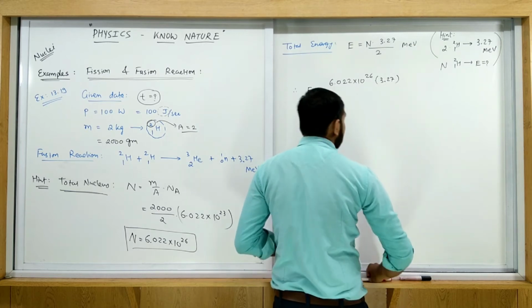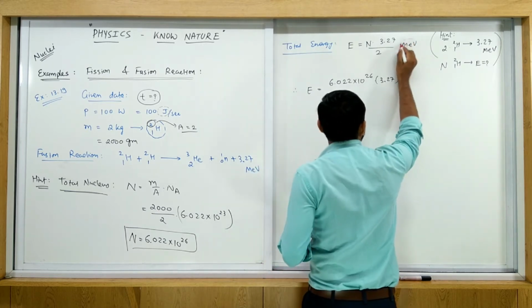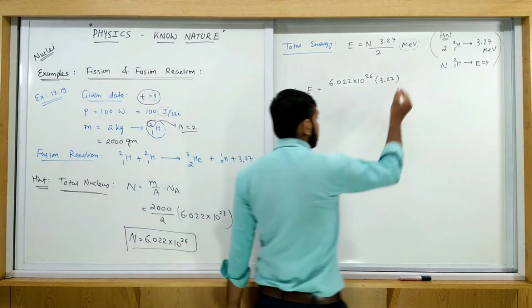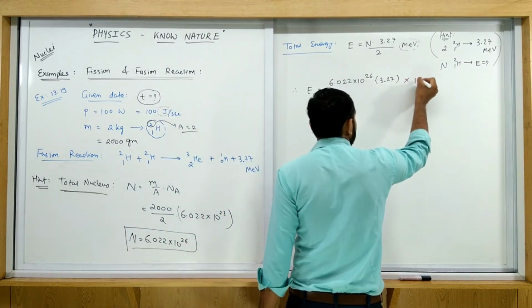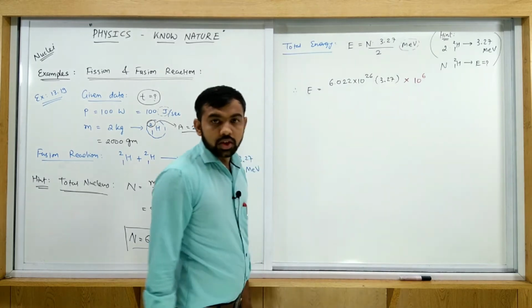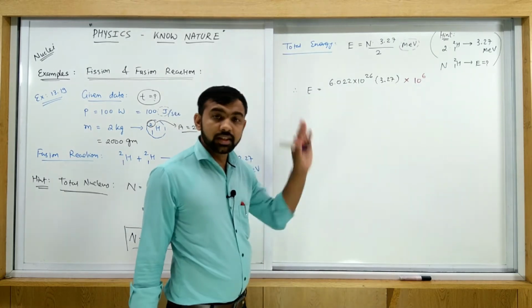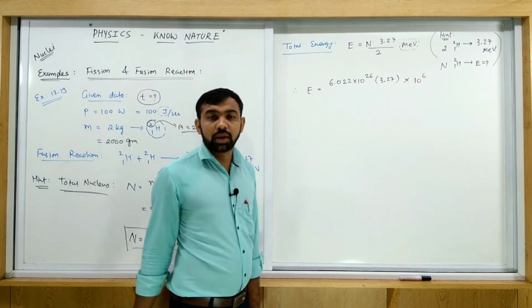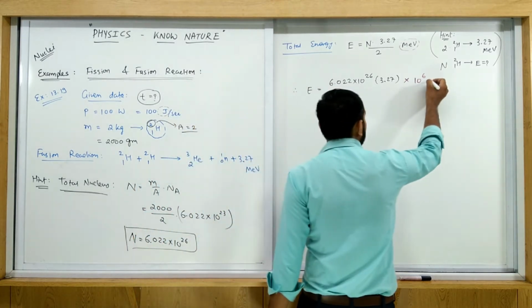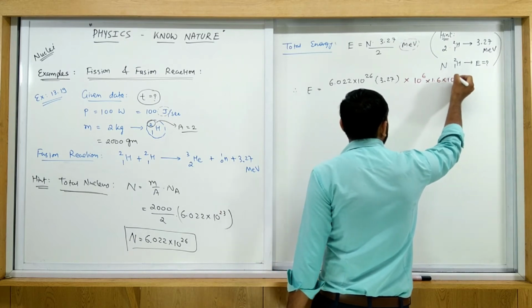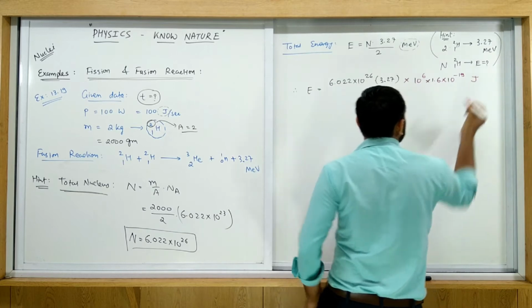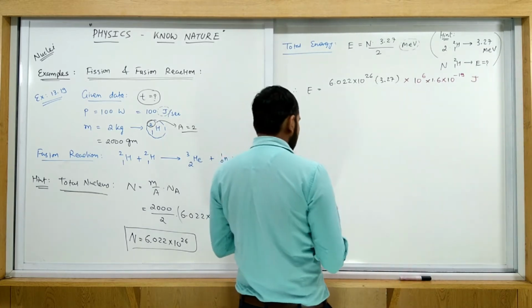All of you must convert this value to joule. How? Mega means 10 raised to 6. Electron volt into joule, as we discussed in a previous session, 1 electron volt is equal to 1.6 into 10 raised to minus 19 joule. So multiply by 1.6 into 10 raised to minus 19. Now this data is converted into joule, and divide by 2.